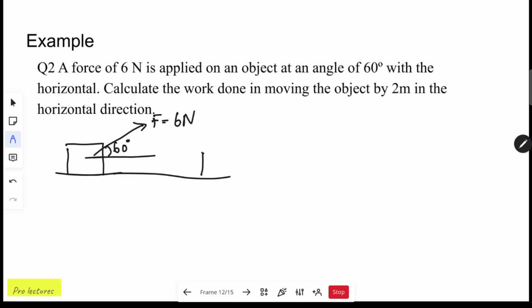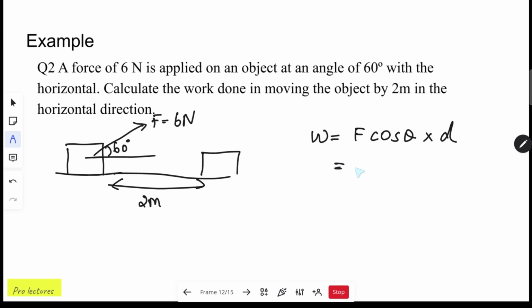It moves a distance of 2 meters in the horizontal direction. What is the work done? We know work done is equal to F cos theta into D. F is 6 Newton, cos 60, and distance is 2 meters. So what is cos 60? Cos 60 is 1 by 2. So cancelling, we get 6 joules.